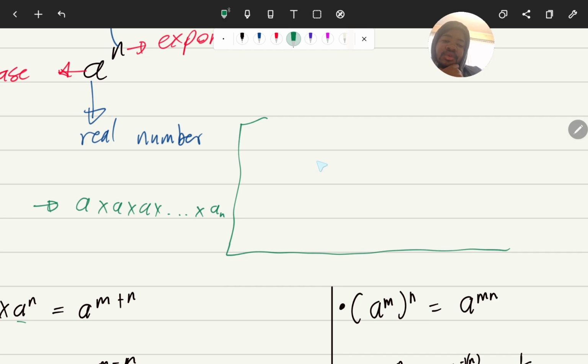I have 9 squared. Let me see, 9 squared, because I have 3 squared. I can't really think of a number just from the top of my head.